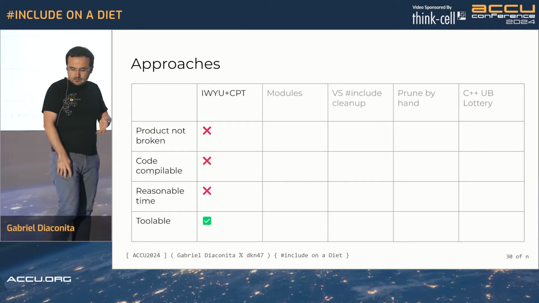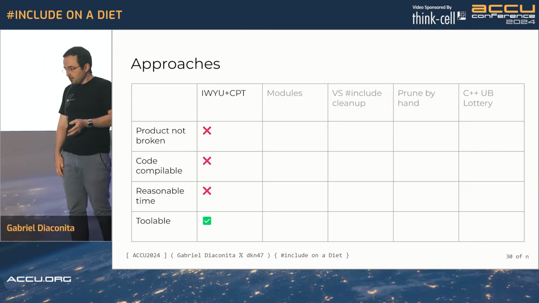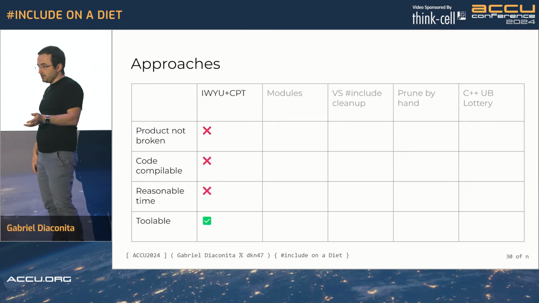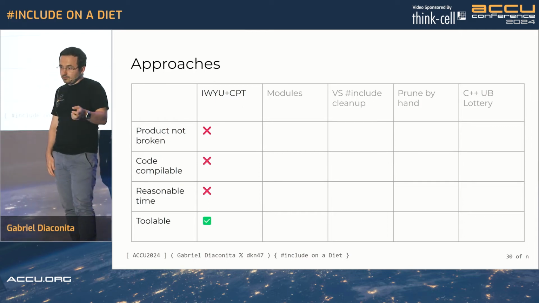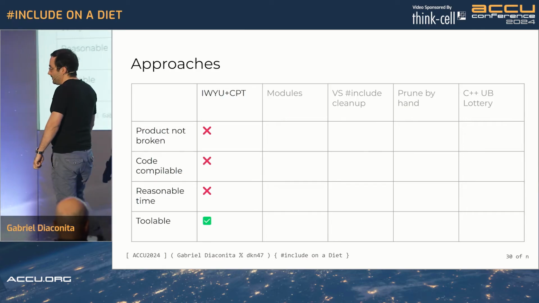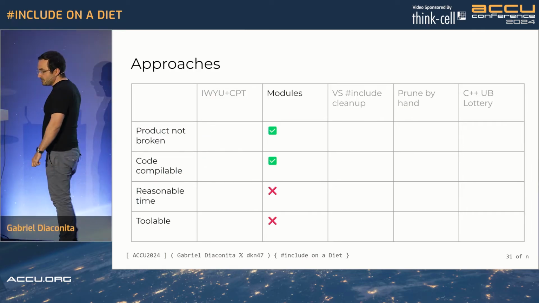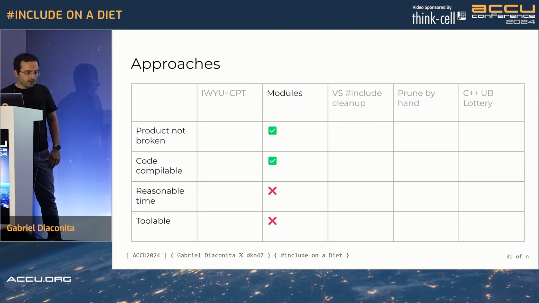As we've seen, include what you use kind of breaks our compilation and our product. Since you cannot compile it, you cannot ship it. And it takes a lot of time from you because you are stormed by errors and you have to deal with all of them.